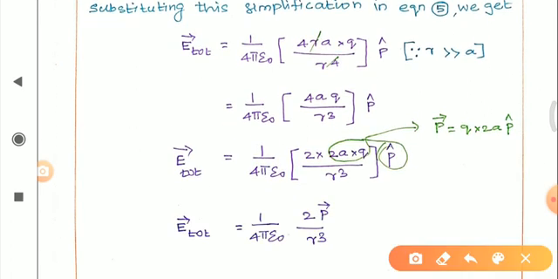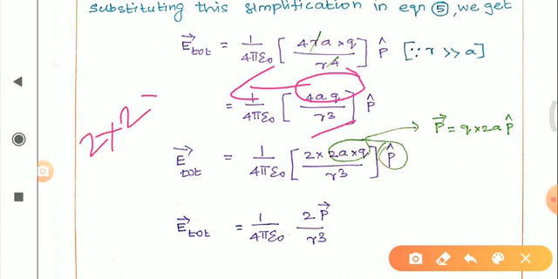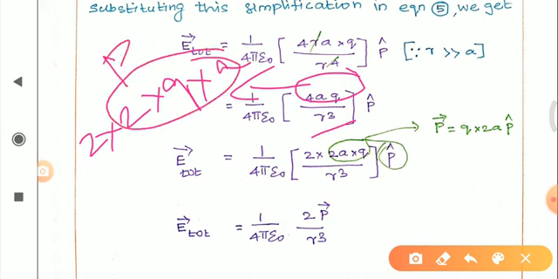So in the numerator 4AQ will be there, in the denominator after one R cancels, R cube remains. Now 4 can be rearranged as 2 into 2 into Q into A. So 2QA is nothing but the electric dipole moment into P cap, so we can write P vector is equal to Q into 2A into P cap.